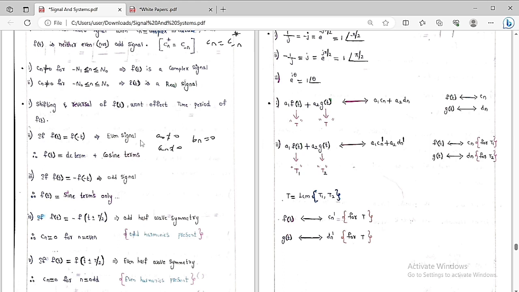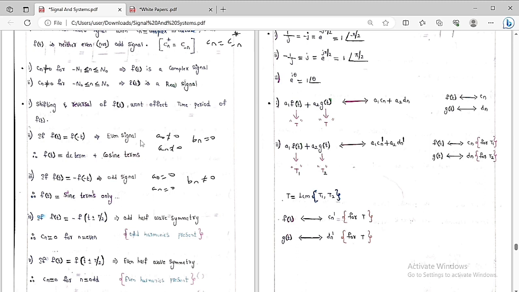So f of t will have only the DC term and all the cosine terms. If f of t is equal to minus f of minus t, then this is called a real odd value signal. Then a0 is equal to 0, an is equal to 0 and bn is not equal to 0. In that case, the DC term is absent, all the cosine terms are absent, and only all the sine terms are present. So f of t will have only the sine terms.